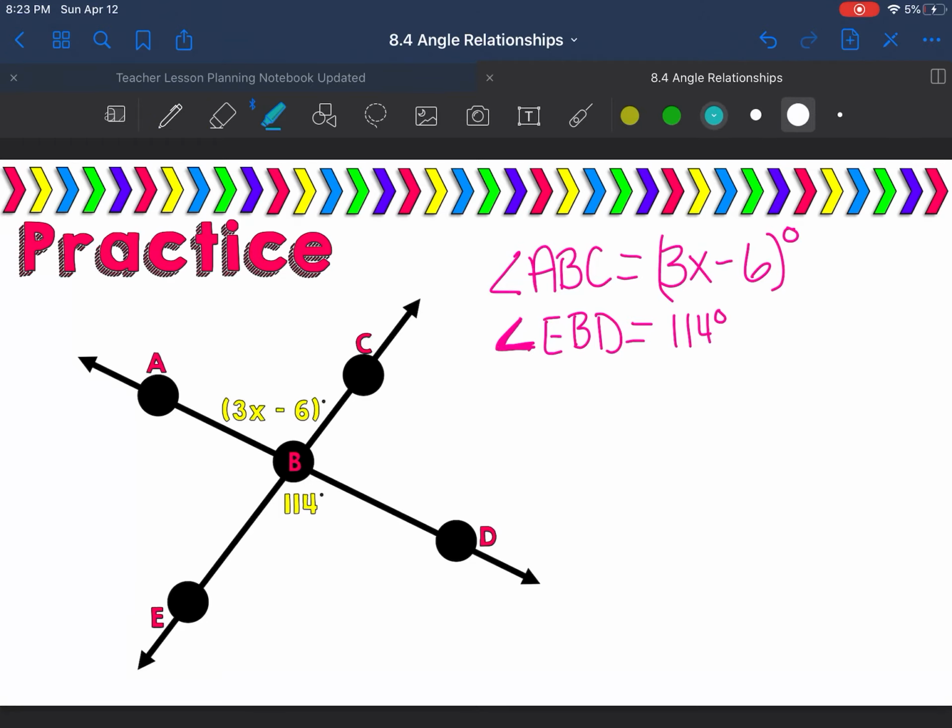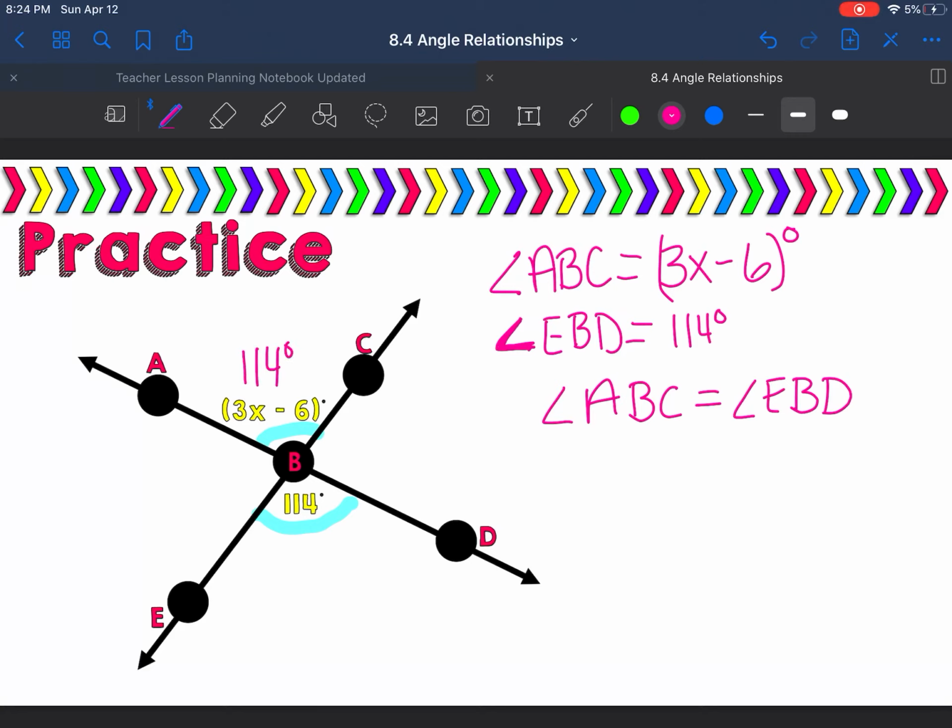What I know about vertical angles is that angles that are across from each other, like ABC and EBD, are equal to each other. So angle ABC equals angle EBD. That means that this angle is actually 114 degrees.